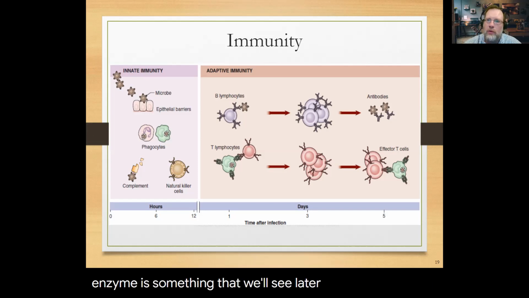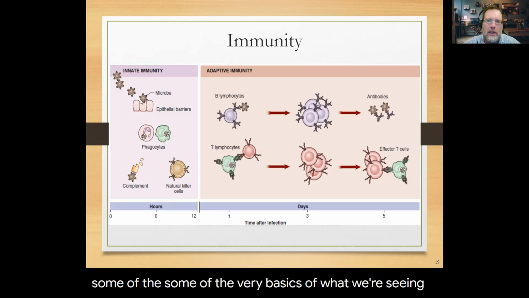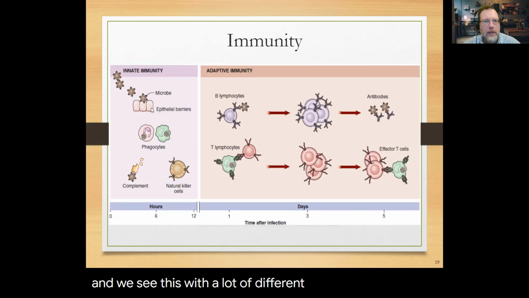The angiotensin, we're going to see again later. So I don't want to get into too much depth with it, but I do want to introduce you to some of the very basics of what we're seeing. And we see this with a lot of different viruses.